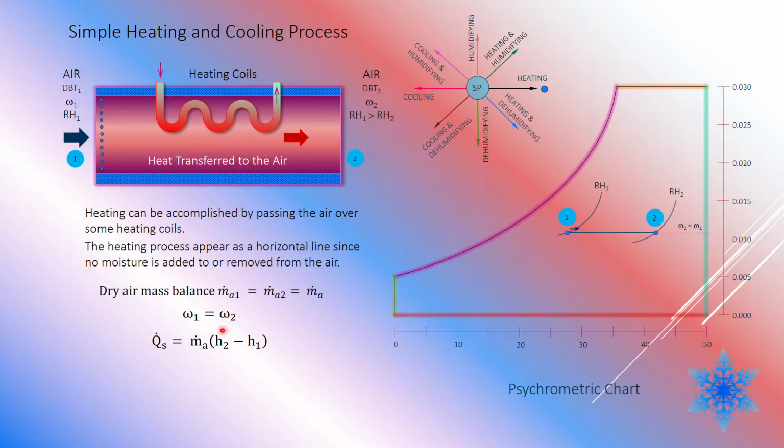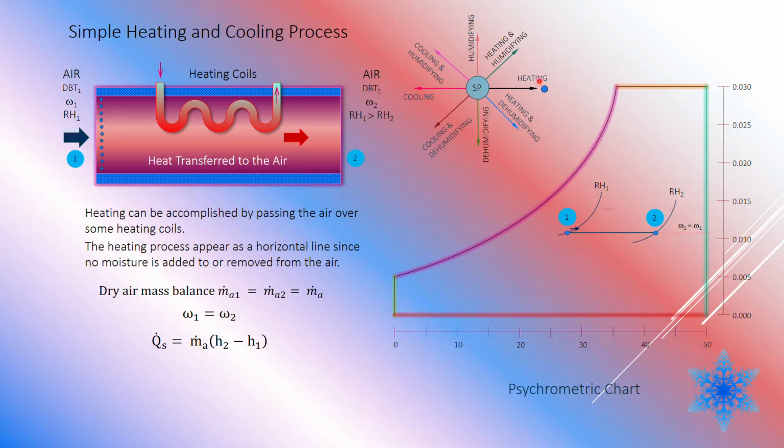And the omega as well is constant, because there is no increase or decrease in the moisture content. So the heat supplied to the air equals the change of enthalpy multiplied by the mass flow of air.